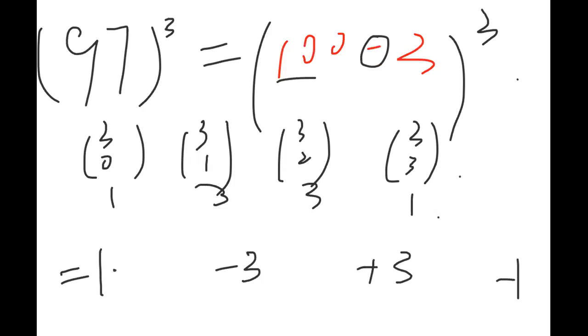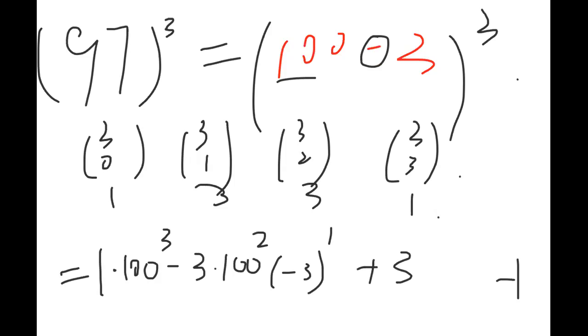So 1 times 100 to the third power minus 3 times 100 squared times 3 to the first power. Right? And next one is plus 3 times 100 times 3 squared. And finally, minus 1 times 3 cubed.